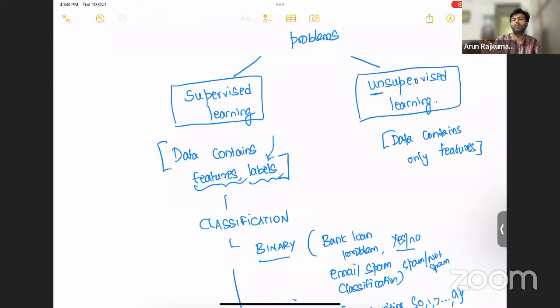And now the task is unspecified. The task is typically unclear in unsupervised learning. One task might be to group these emails such that emails in a group look similar. That is what is called a clustering task.